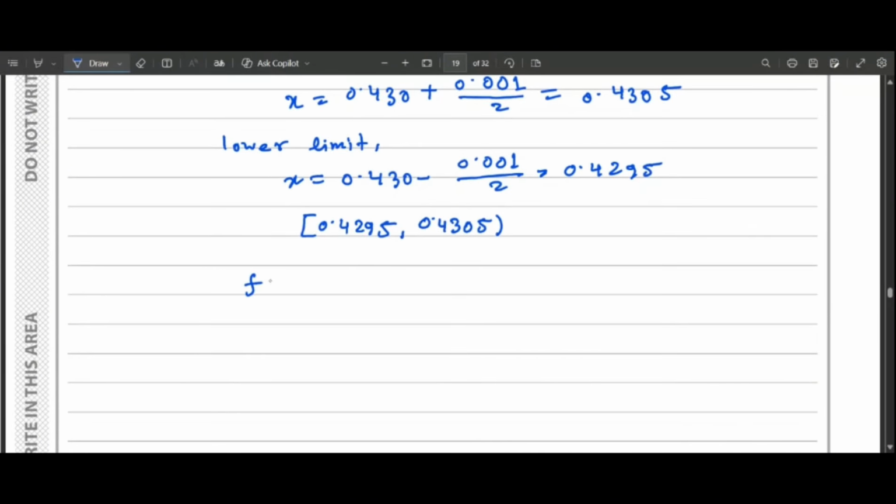So the function that will help us test whether or not a solution exists within this interval will be f(x) equals x minus 1 by 3 arctan 3 by 2x. This is our function. This function can be used to test whether or not a solution exists within these ranges.